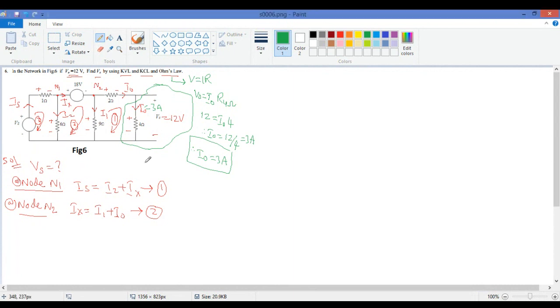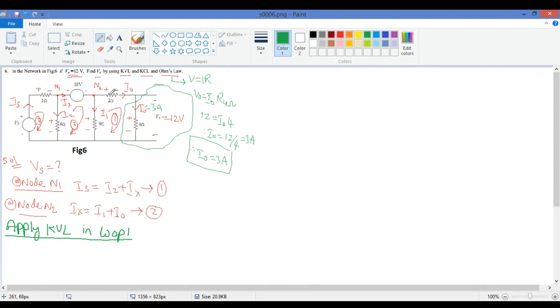Okay, so now let us apply KVL in loop 1. So write KVL in loop 1.